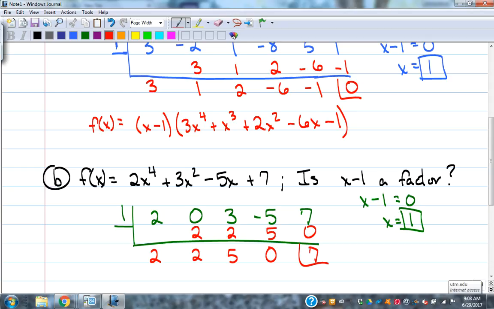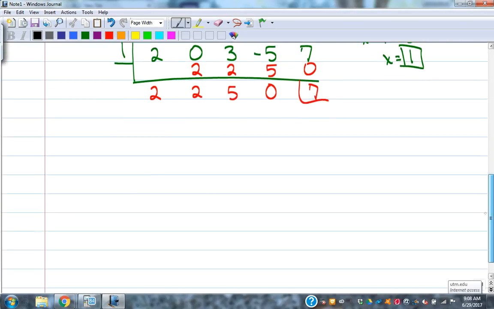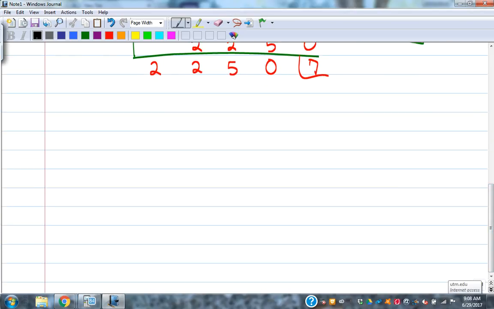So what that tells us is that x minus 1 is not a factor. And then from there, we would have to do something else, and we're going to talk about what to do in just a little bit when that doesn't work that way. All right. So now let's get into factoring a polynomial completely.